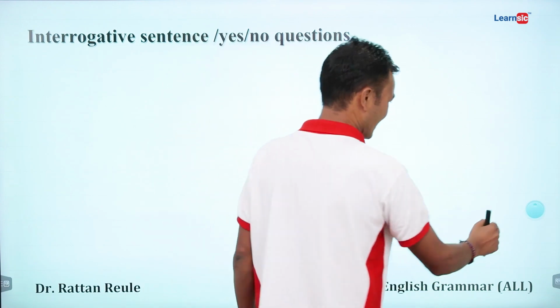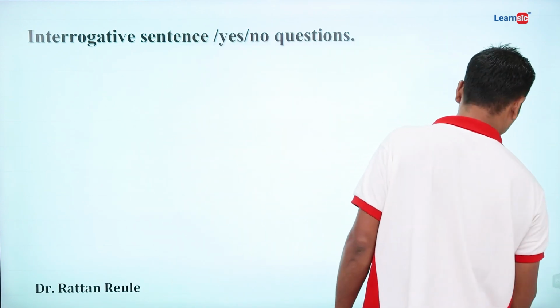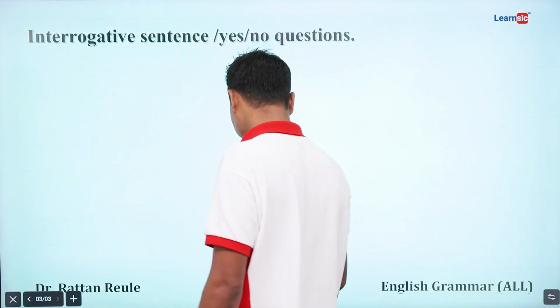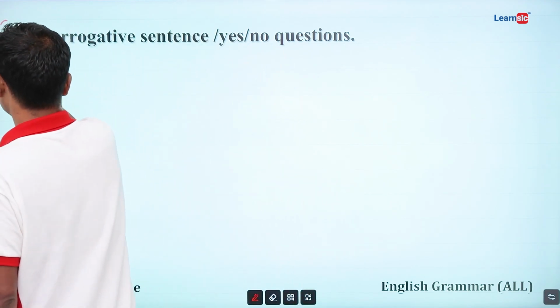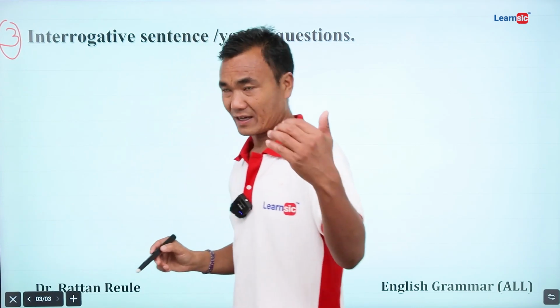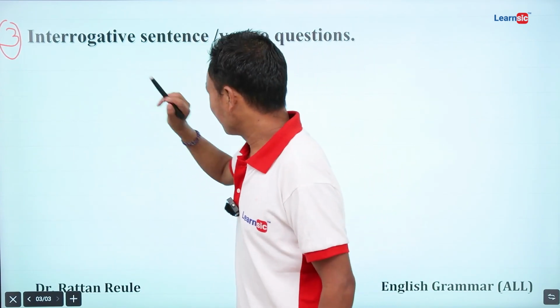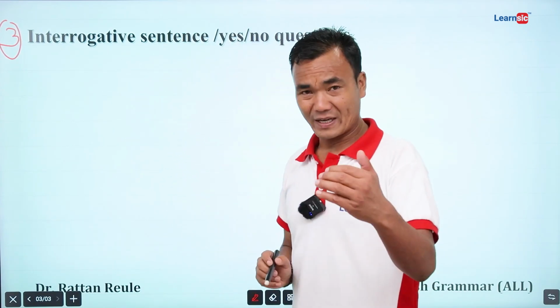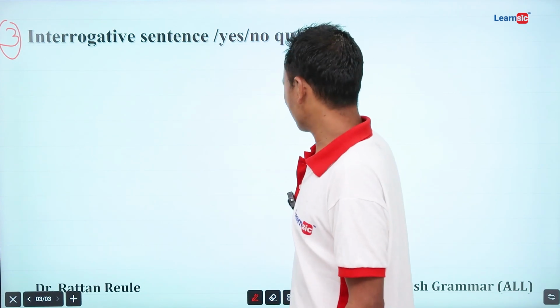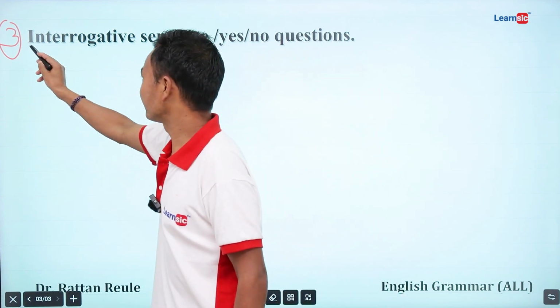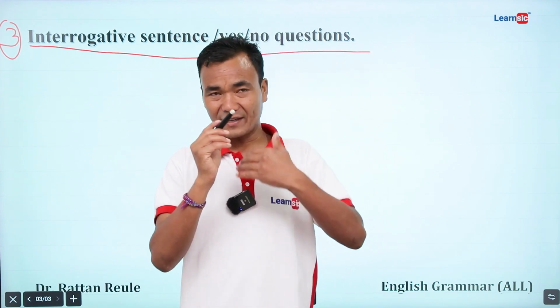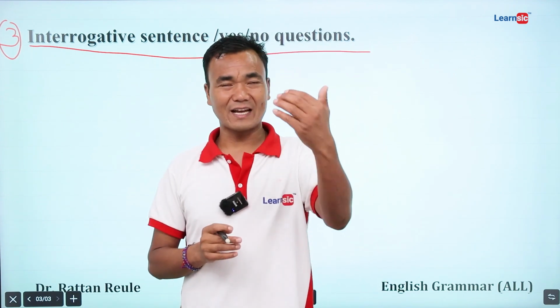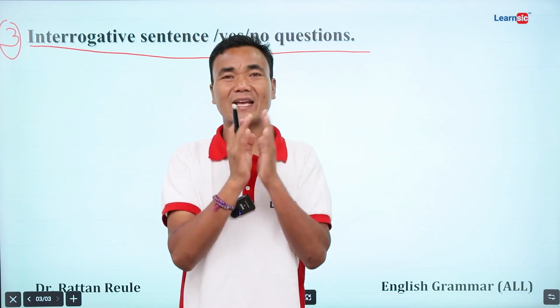Okay, this is our topic of the day. This is known as the third type: interrogative sentence, which is also known as yes-no questions. This is the type 3, or the third type of sentence from English grammar.